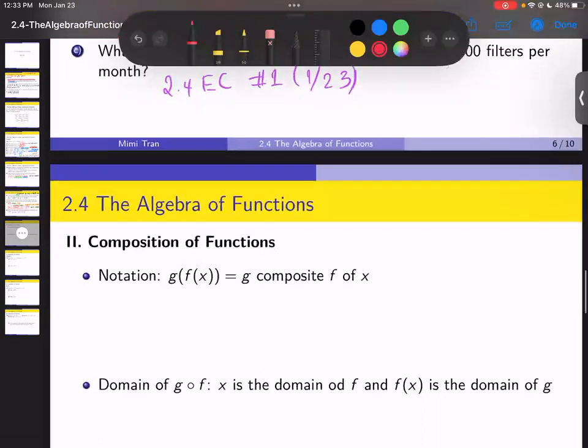If you see something like G parenthesis f of x, you can read it as G of f of x, or you can read it as G composite of f of x.